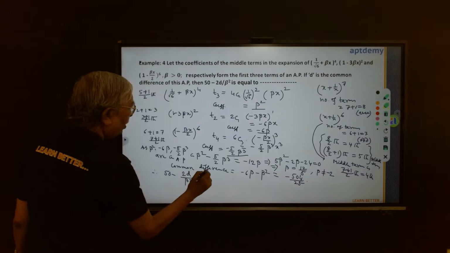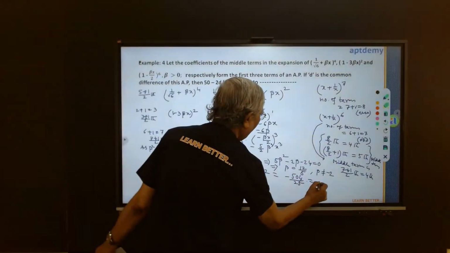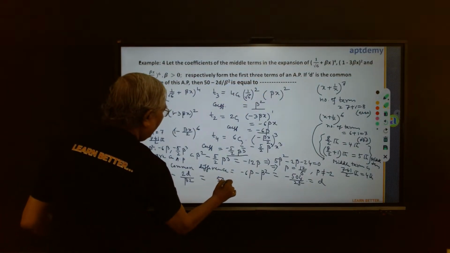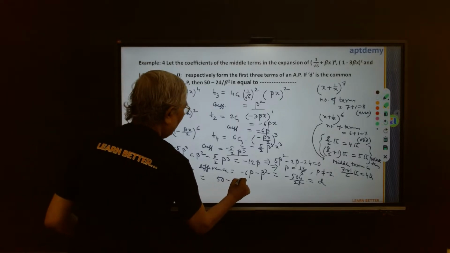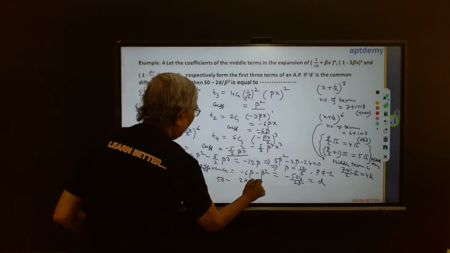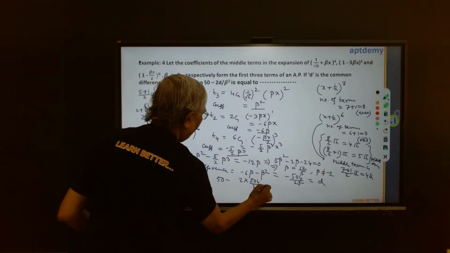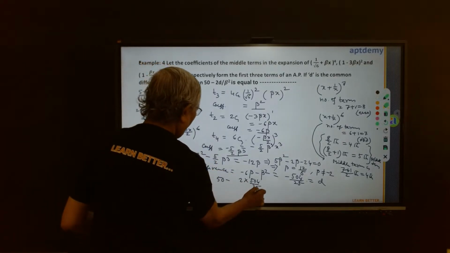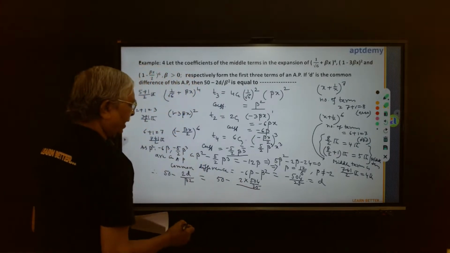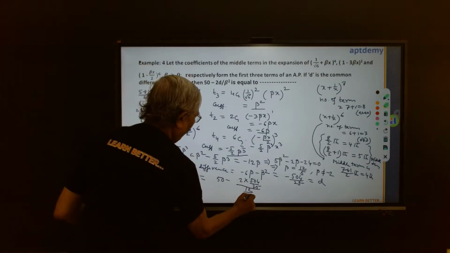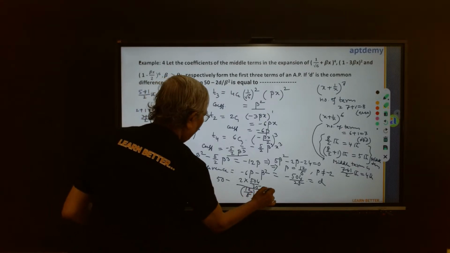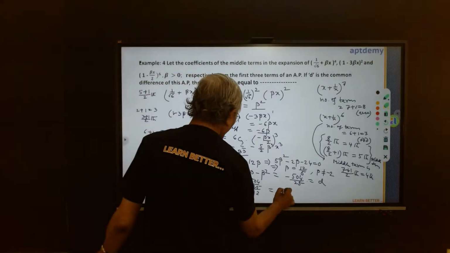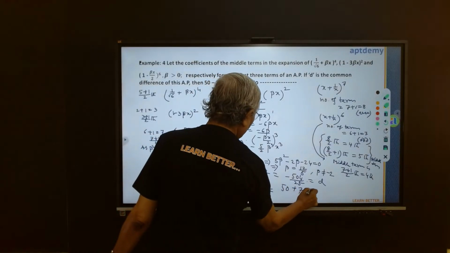To put this value, 50 minus 2 into (minus 504 by 25) by (12 by 5) whole squared. This will be 50 plus 7, and that is 57.